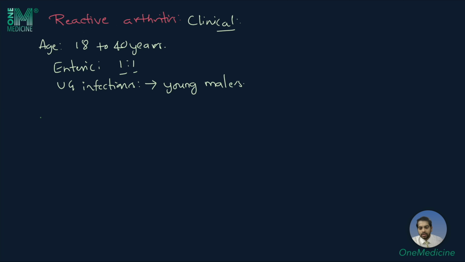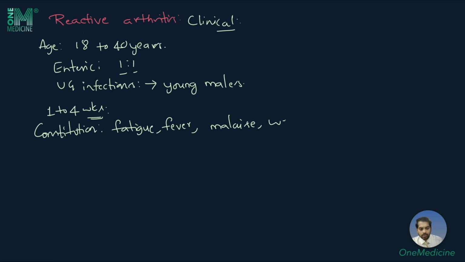In most of the cases, a history of urogenital or enteric infection is seen 1 to 4 weeks prior to the onset of arthritis. Other symptoms include constitutional ones, such as fatigue, fever, malaise, weight loss.